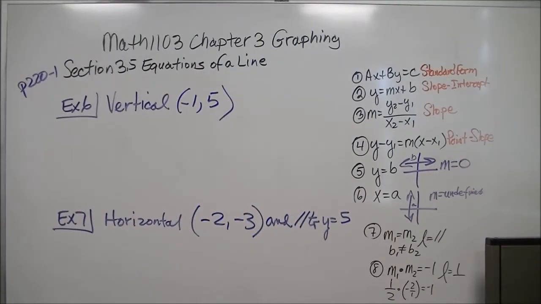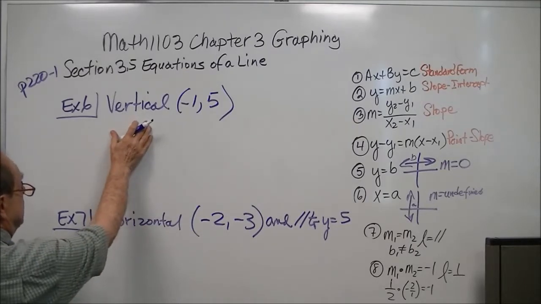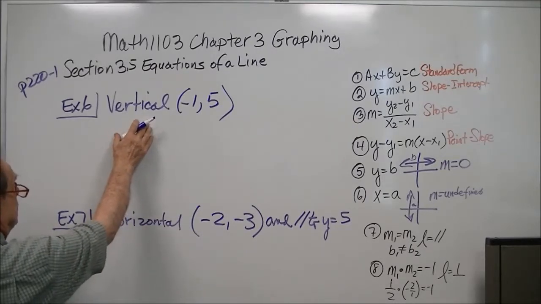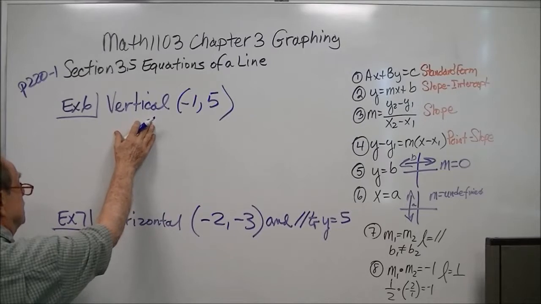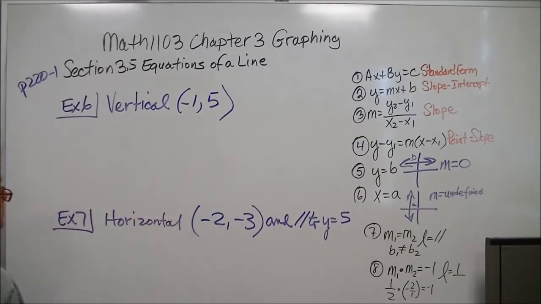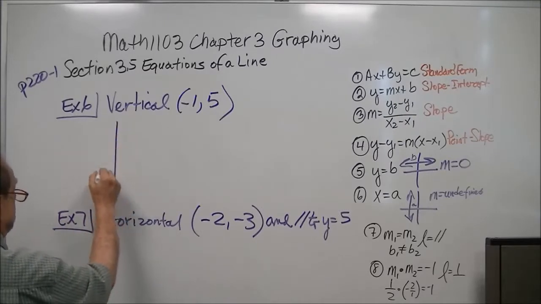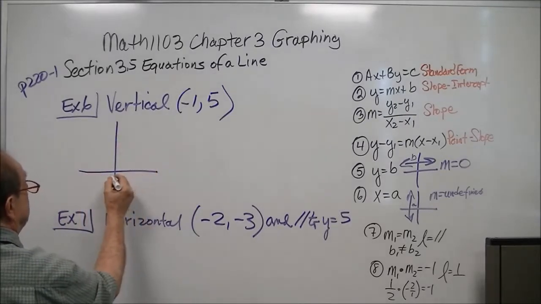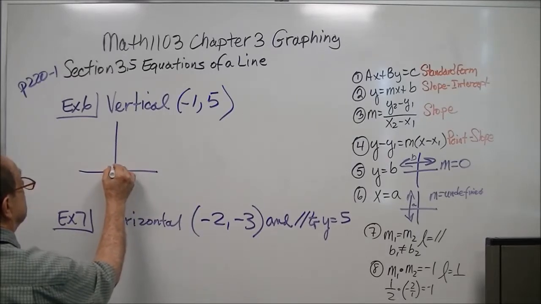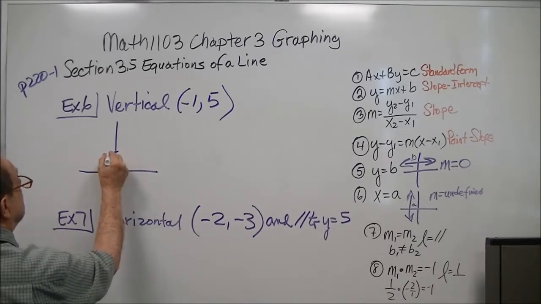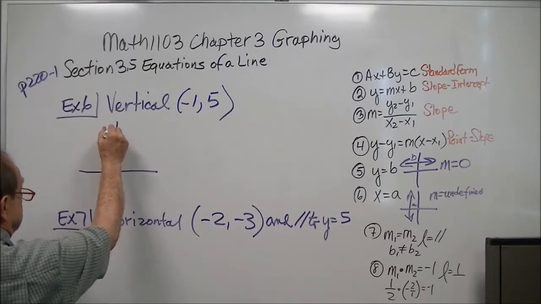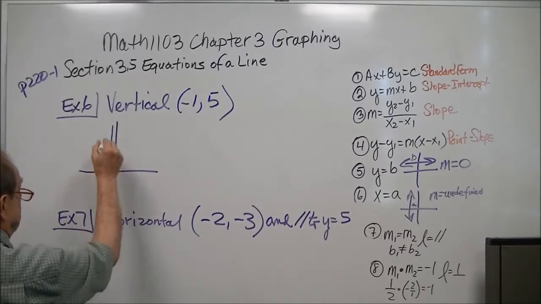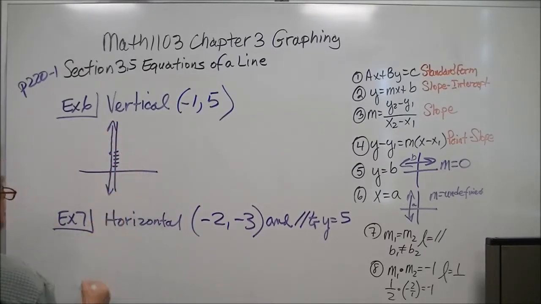On these, I've cut down the wording a lot. Basically, they want you to find the equation of a line that's vertical and passes through this point. Well, one thing you might do is graph it. So we have a -1, and it's going to be vertical and goes through that point.